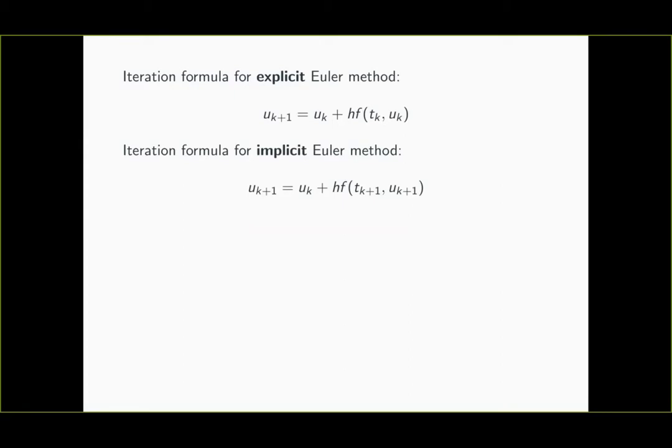As you can clearly see, u_{k+1} appears on both sides of the equation. So this is not yet an explicit formula to compute u_{k+1}. It's merely an equation that, as we hope, implicitly defines u_{k+1}.